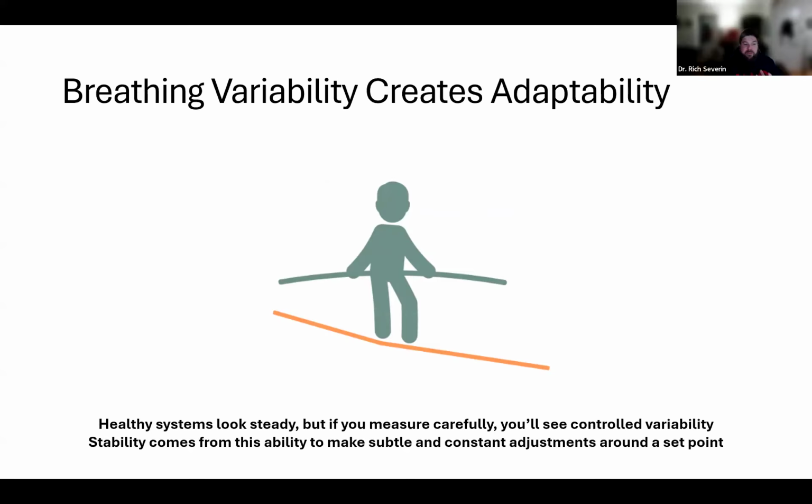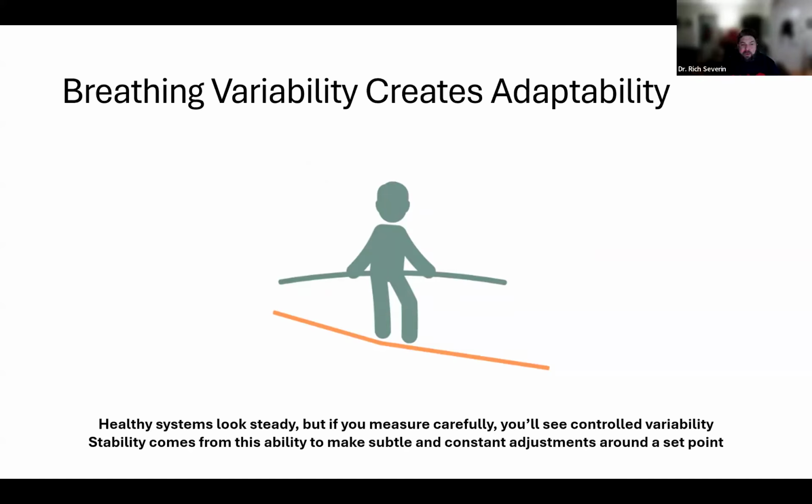Okay, healthy systems, at a naked eye view, look very steady. Don't look like there's much change at all. But if you look very carefully, you'll see a little bit of variability. It's like looking at someone balancing on a tightrope.